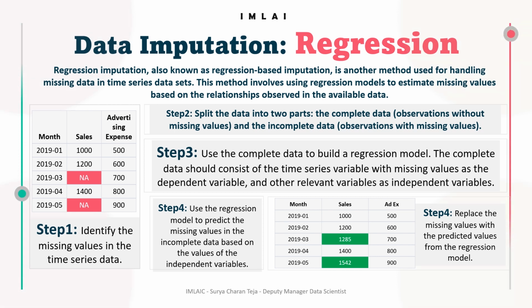Additionally, like other imputation methods, regression imputation introduces potential biases or distortion in the data and should be used with caution. So it's crucial to carefully consider the underlying data, the appropriateness of the regression model, and the potential impact of the imputed values on the analysis results.